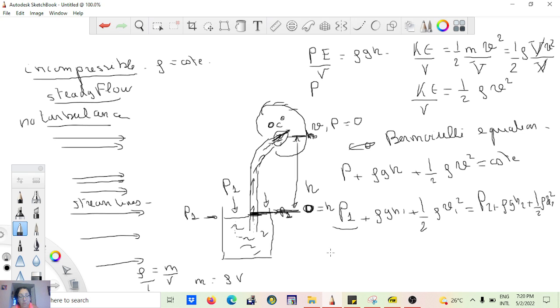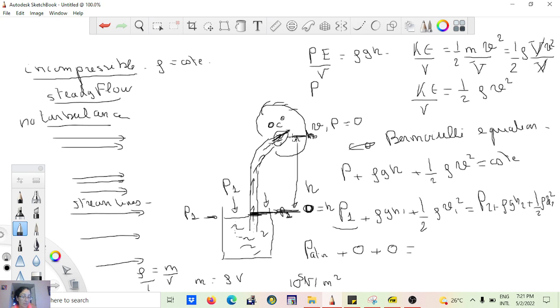So I'm going to put P atmospheric, which is 10 to the 5 Newton per meter squared, plus the level here is 0, plus here the kinetic energy is 0 because the fluid is not moving to begin with, so you start with no kinetic energy, and thanks to the work of that pressure the liquid is going to gain kinetic energy, and we suppose it's steady, as a whole it's a steady flow, equals, so inside the mouth you are moving the air, so you create a vacuum. That's why the atmospheric pressure is working.